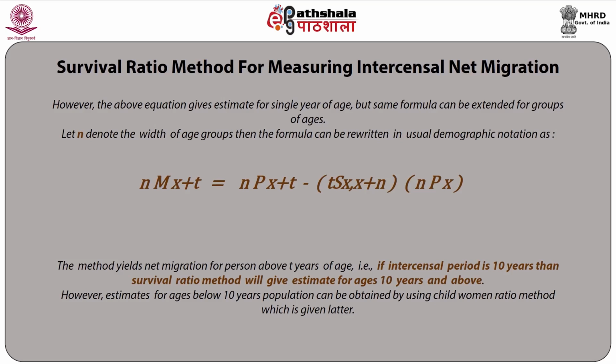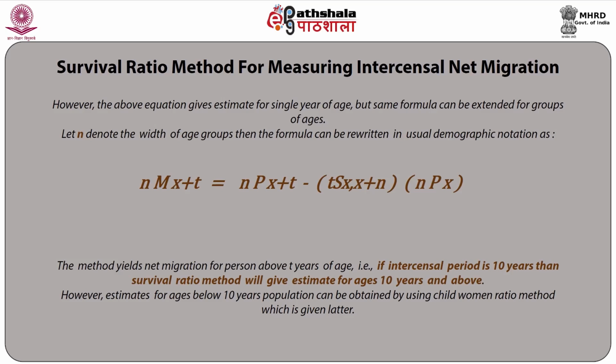Let n denote the width of age groups, then the formula can be rewritten in usual demographic notation as nMx plus T is equal to nPx plus T minus in bracket TSx times n x plus n into nPx. The method yields net migration for persons above T years of age, that is, if the intercensal period is 10 years, then the survival ratio method will give an estimate for ages of 10 years and above.